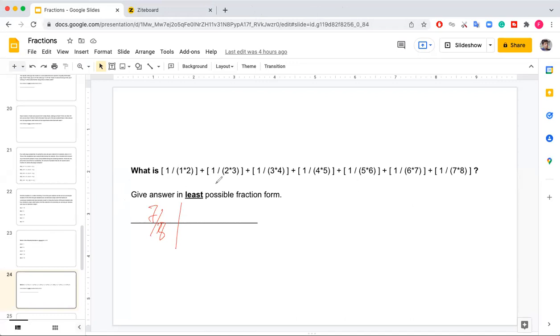First of all, tell me one thing. How can we make a pattern for each of these separately? 1 over n times n plus 1. Let's suppose we have n into n plus 1, right?